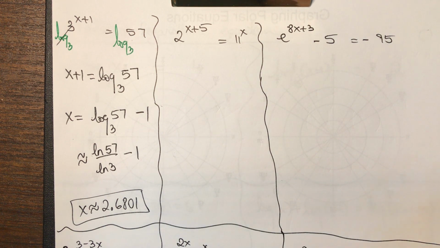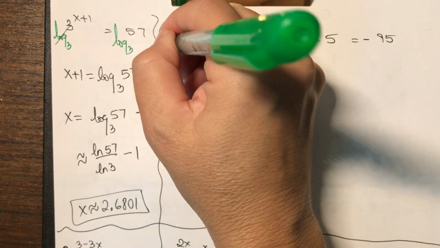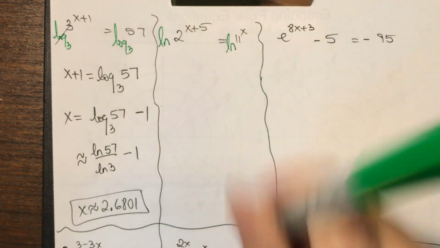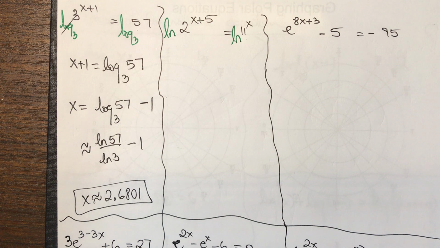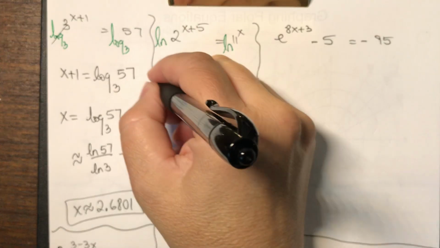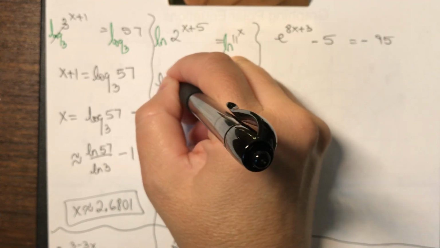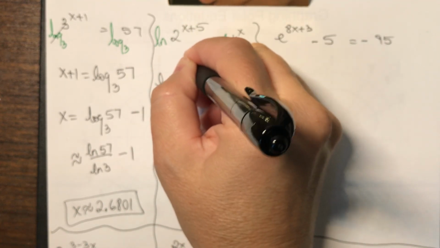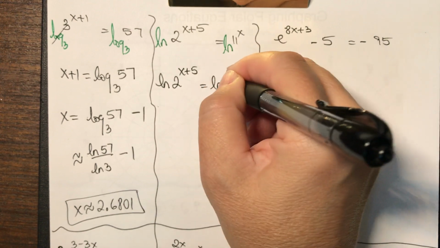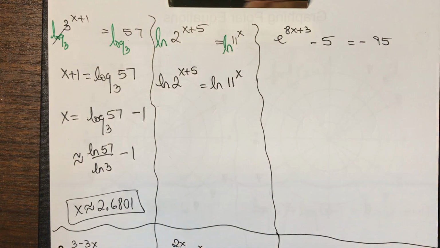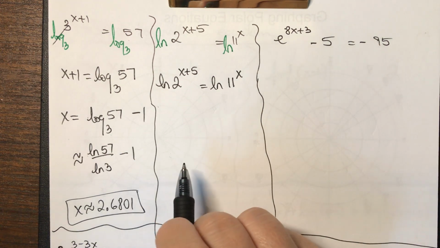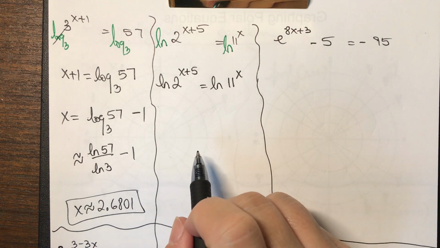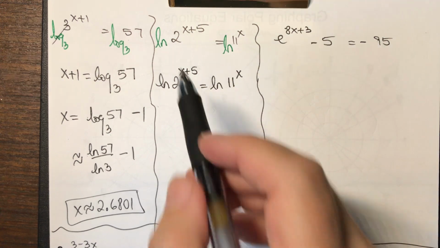So what I'm going to do is apply a natural log on both sides of this equation. Now, what does that do? Let me rewrite it for you one more time. This is what I have now: ln of 2 to the x plus 5 is equal to ln of 11 to the x. Now, this doesn't seem to be looking all that good, except for finally, we get to make use of those properties of logs.